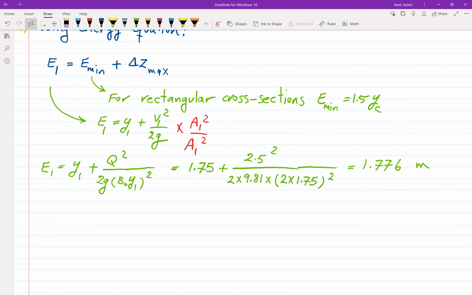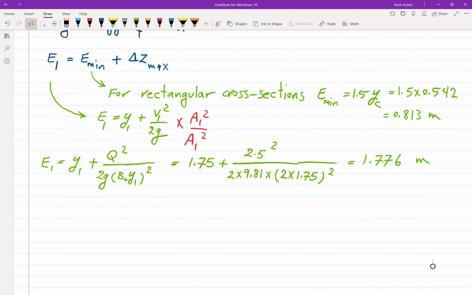So I have E1 and then E minimum, I can write it here, is 1.5 times 0.542, which is equal to 0.813 meter.